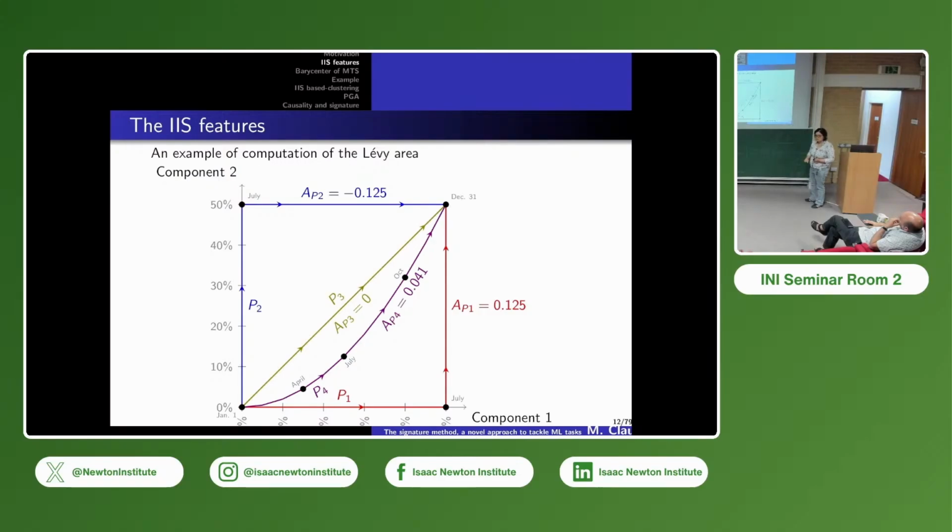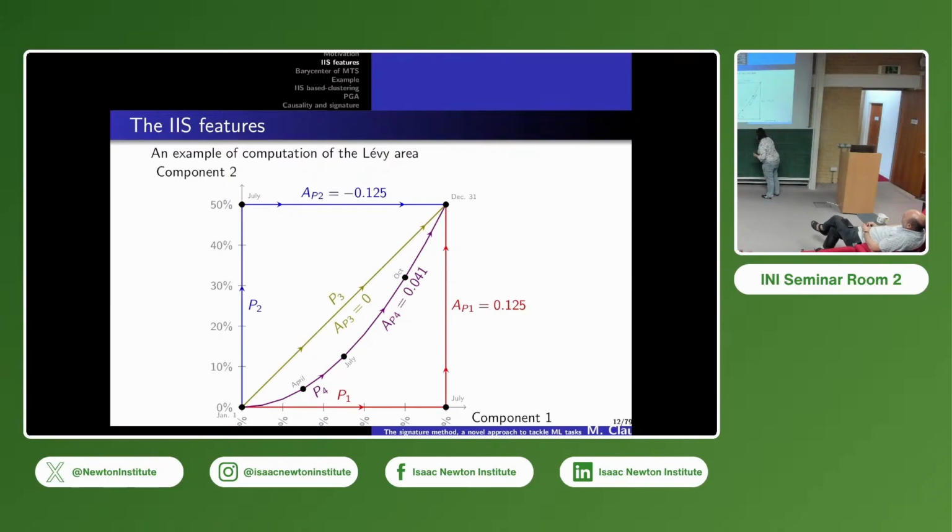And in P1, the first component is increasing, and the second one is 0.